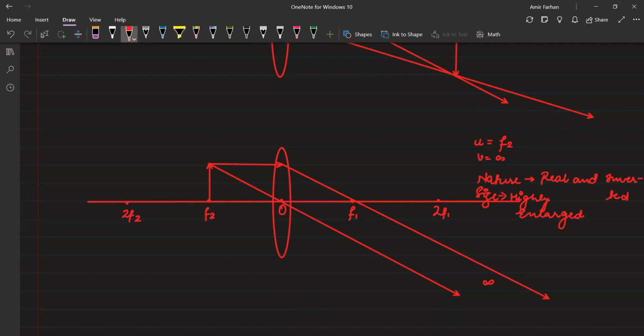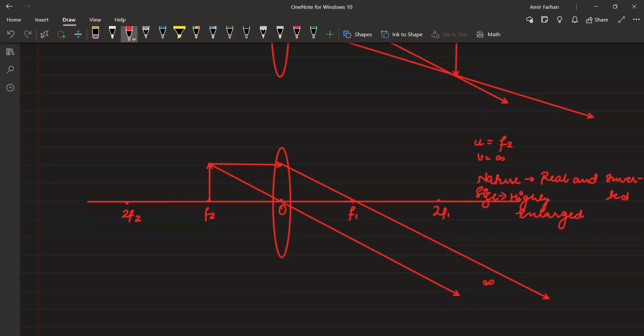Shouldn't it be highly diminished? Why highly diminished, Arya? Tell me the reason. Because when the object is placed at focus, the rays become parallel to each other, so obviously the image will be formed very big. When you use a telescope, we basically use it at the focus point.